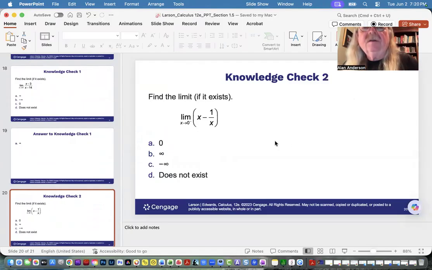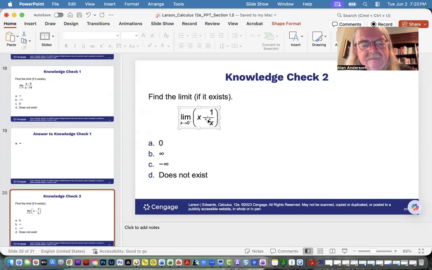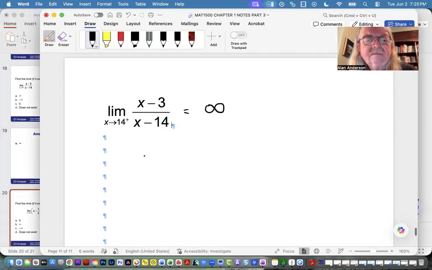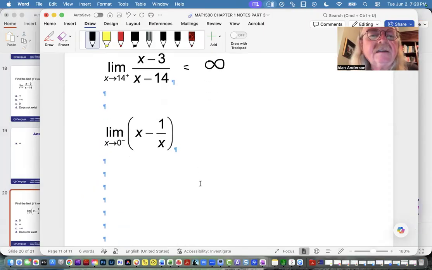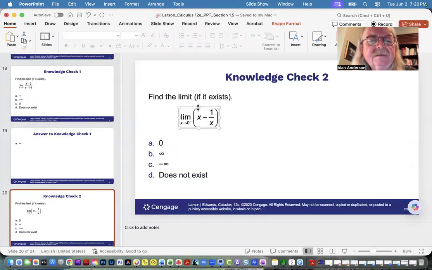Now what about this one? Oh my God, look at this mess. So once again, let's lean on symbol lab, x minus 1 over x.